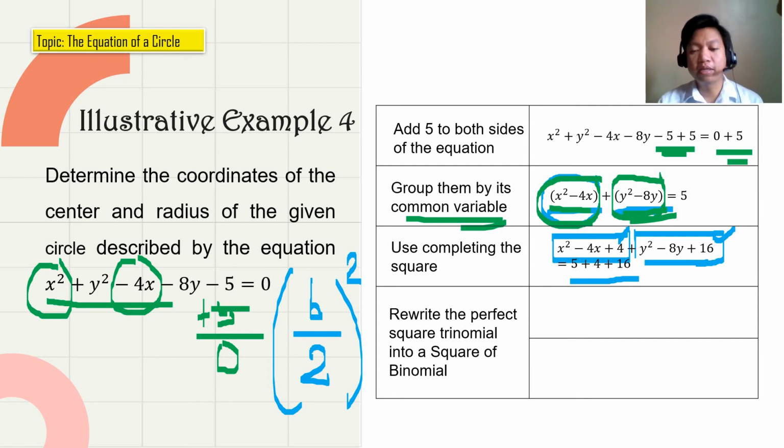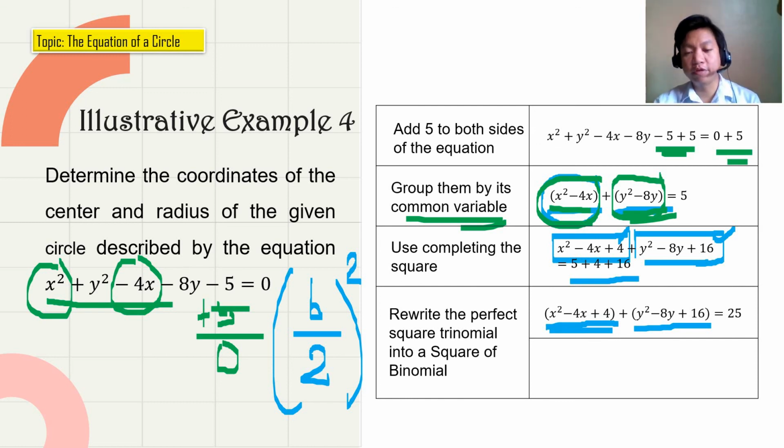Kasi kapag nag-completing the square tayo, automatic na nagiging perfect square trinomial yung ating given. Kaya kapag naka-perfect square trinomial yan, nakukuha natin yung square of binomial niya. Okay, so what will happen is, itong ating trinomial na to, itong x squared minus 4x plus 4 at saka yung y squared minus 8y plus 16, yung dalawang yan ay parehas silang perfect square trinomial.